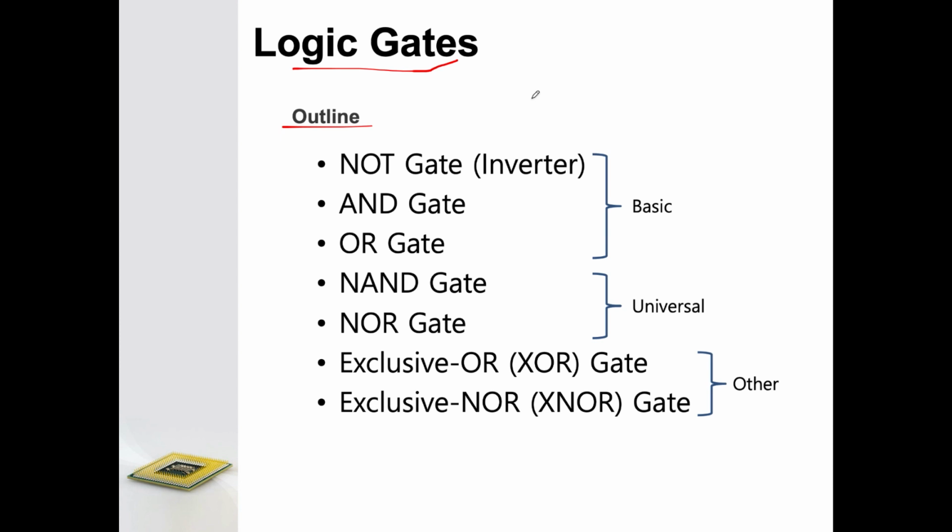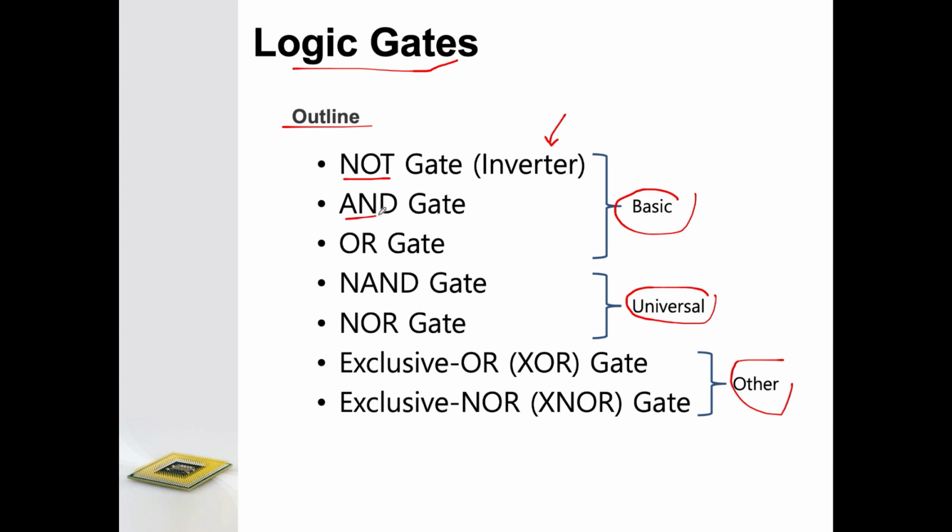So over here basically we have basic gates, universal gates, and also others. So the basic gate you need to know first is the NOT gate, which is also known as the inverter.